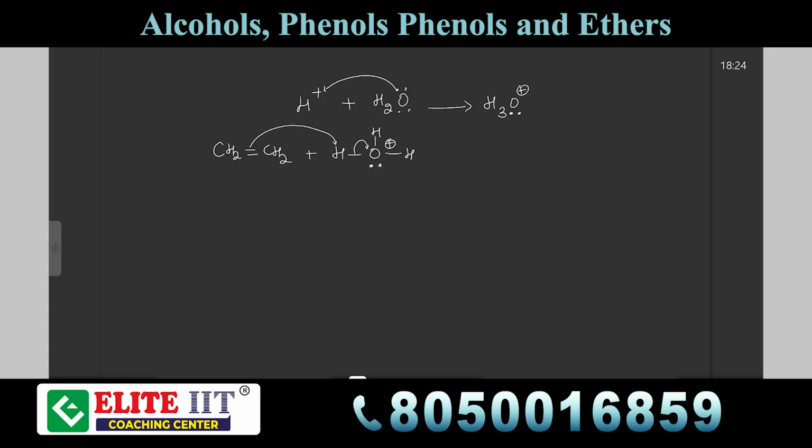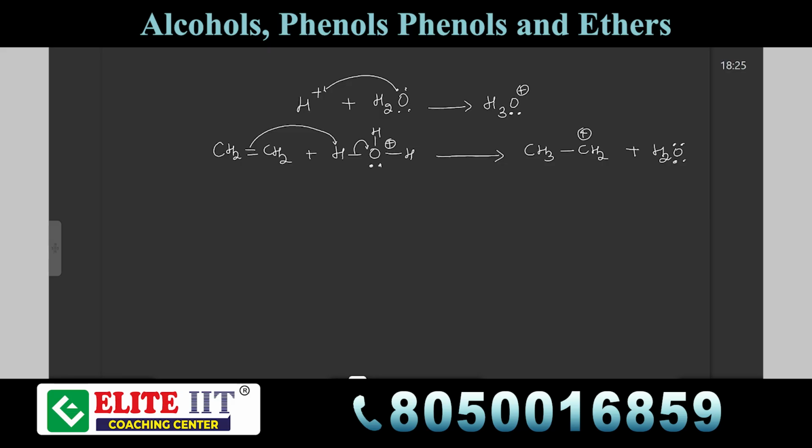Oxygen will pull the electrons towards itself, so that I'll get the product CH3 single bond CH2 with a carbocation, eliminating a molecule of water with a lone pair of electrons. Why are you getting a carbocation? Because we have an electrophile.